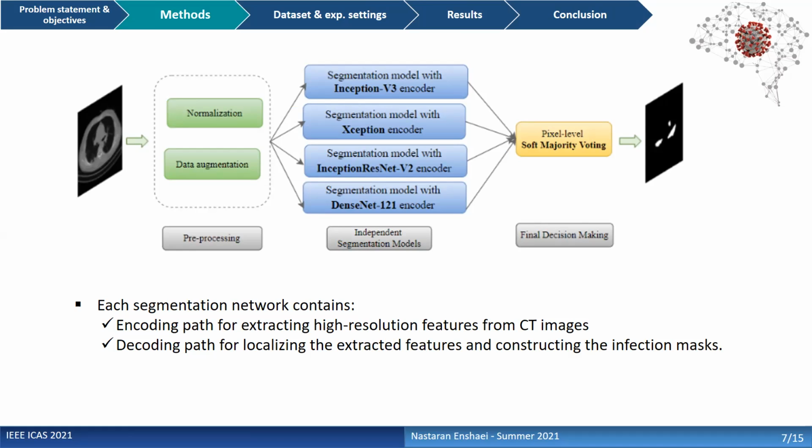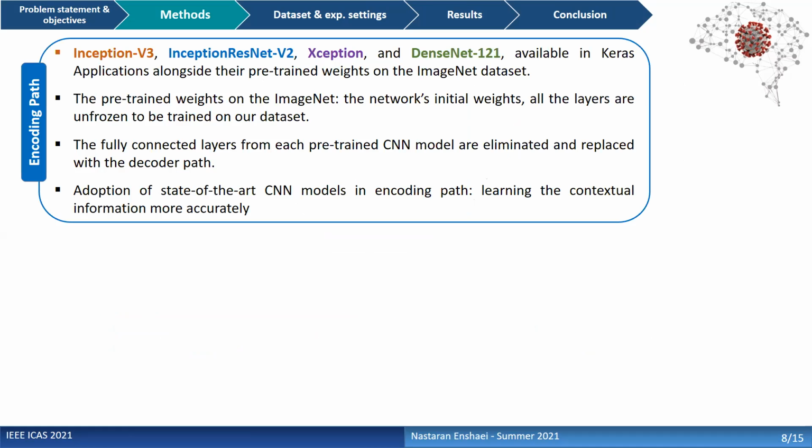Each segmentation network contains an encoding path for extracting high-resolution features from CT images and decoding paths for localizing the extracted features and constructing the infection masks. For the encoding paths, we use four top performing CNN models, which are available in Keras applications with their pre-trained weights on the ImageNet data set.